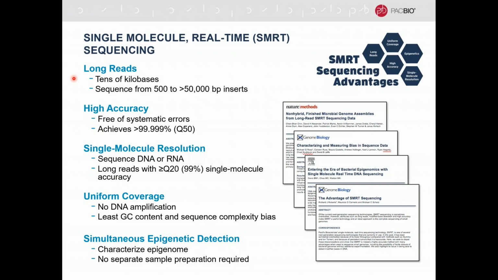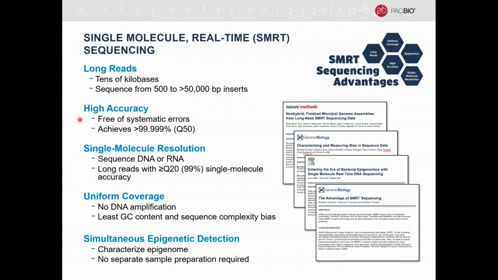I'll show some examples where our read lengths on average are well over 100,000 base pairs, maxing out at 250 to 350,000 base pairs. Not all these inserts have to be that long. We can sequence inserts, PCR products, from 500 base pairs all the way up to inserts well over 50 kb and higher.